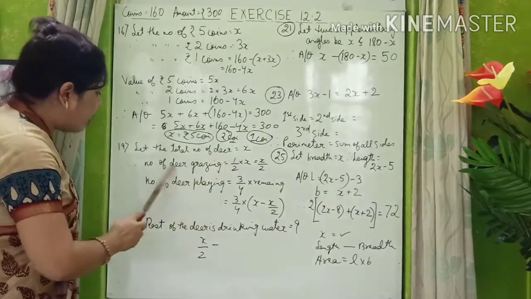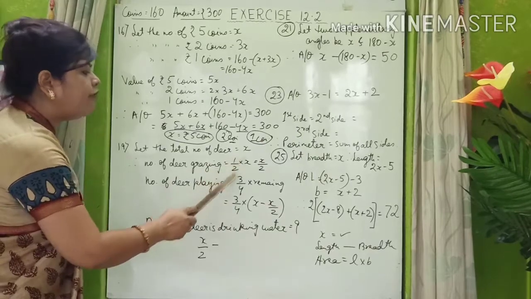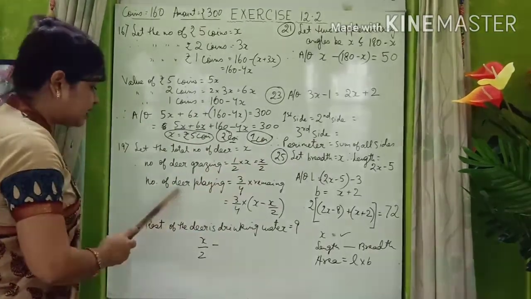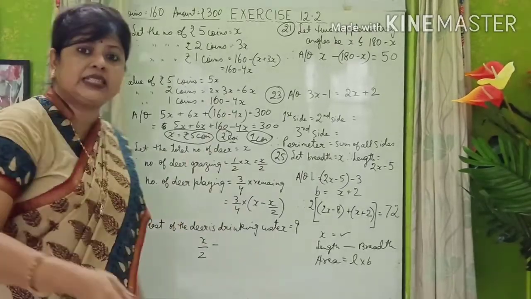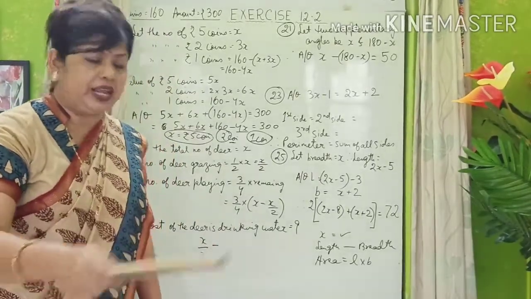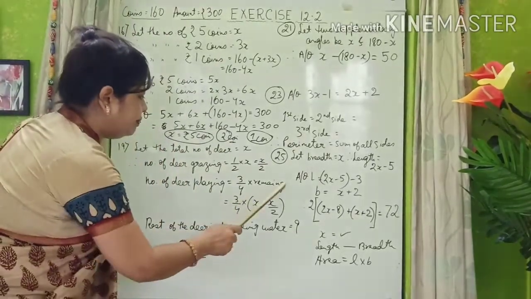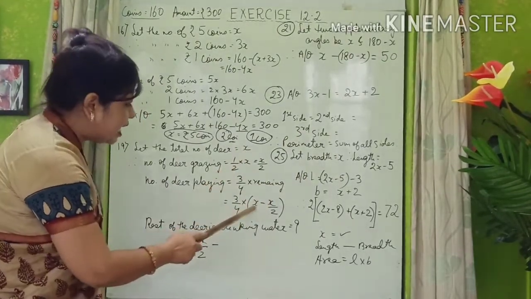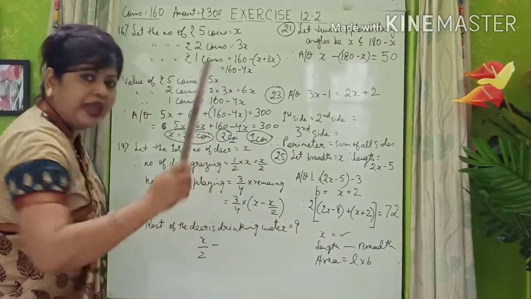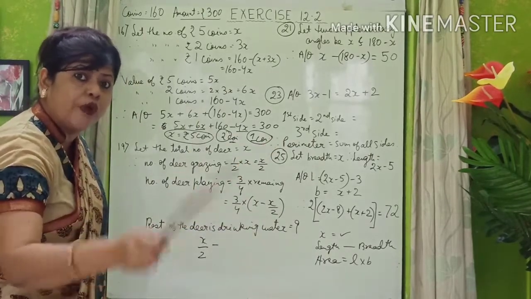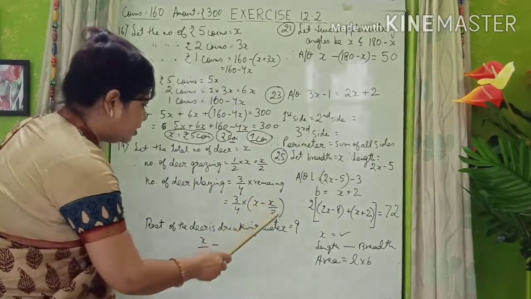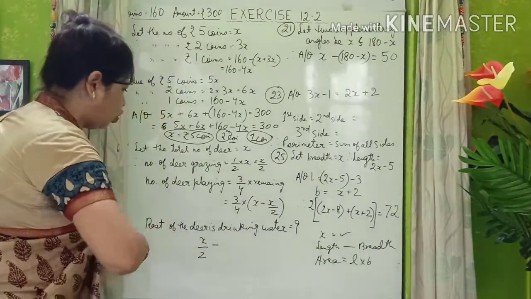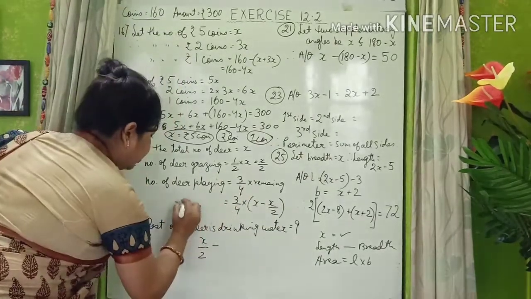Number of deer grazing is half of it, so half of x, x by 2. Next, the number of deer playing is 3/4 of the remaining. What will be remaining? Total was x, so x minus x by 2. From x you have to subtract those who were grazing. So 3/4 of x minus x by 2.